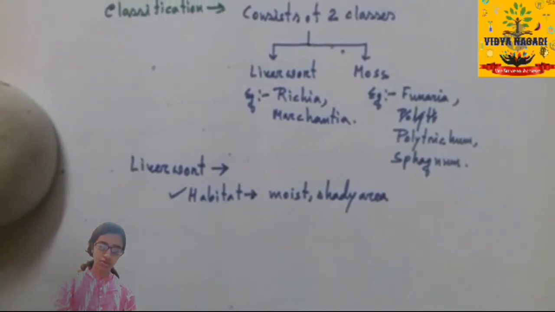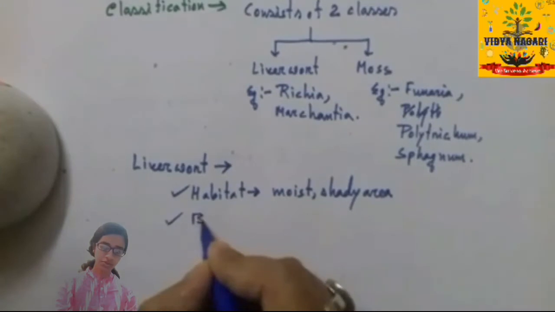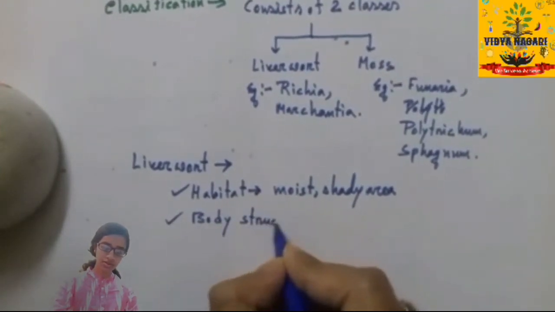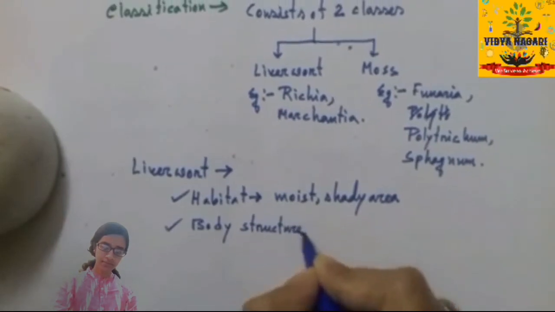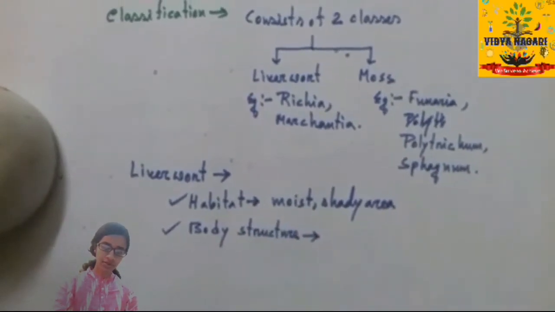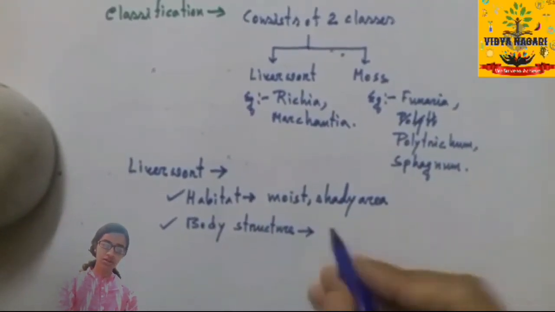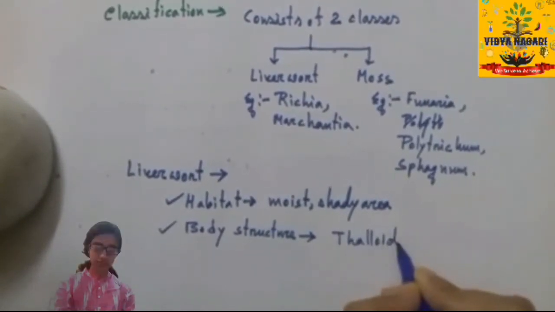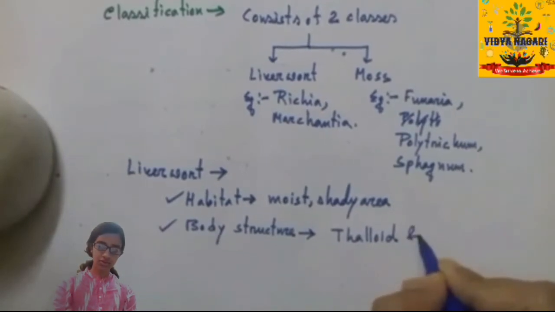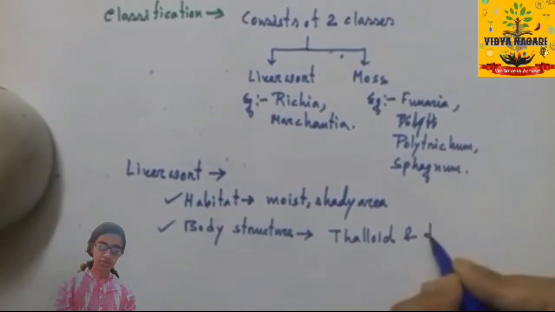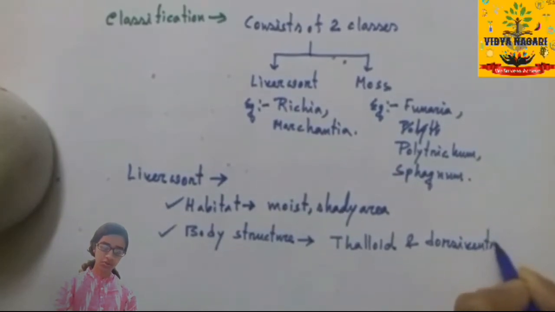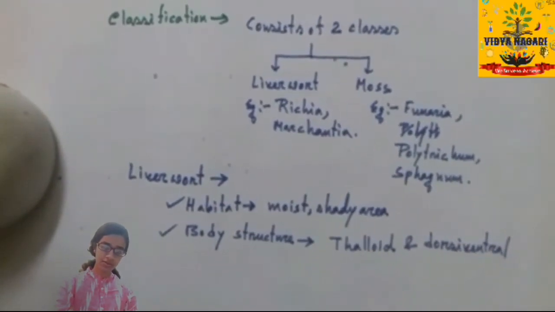Their body structure is thalloid, and the thallus is dorsiventral, meaning it has a dorsal surface and a ventral surface.